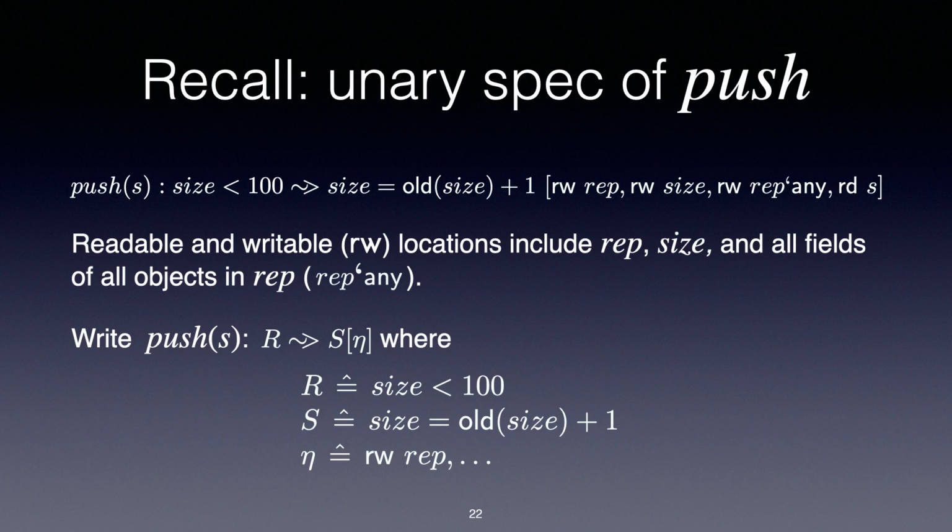So again, recall this unary spec of push, which is of the form R arrows S eta, where R is size less than 100, S is size equals old of size plus 1, and eta is the frame condition, which says rep size, rep image any can be read or written, and S may be read. So this is the unary spec.